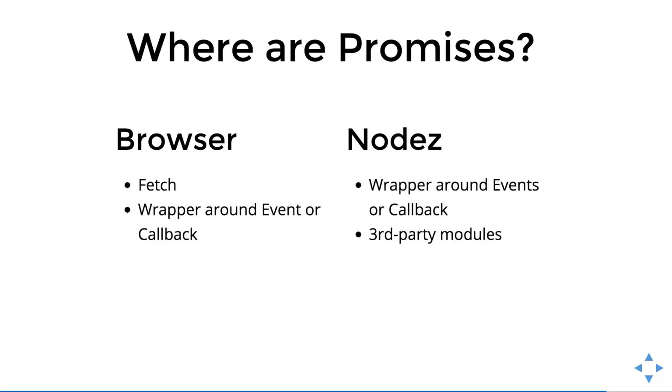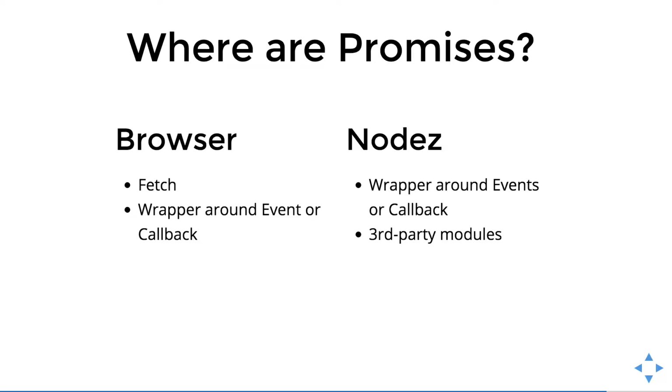Where can you find promises? Well, promises are ES6. It's implemented in most browsers. You can polyfill where it's not. Some native APIs out in the browser, like Fetch, which is the Ajax replacement, I guess, are promise-based and return promises.